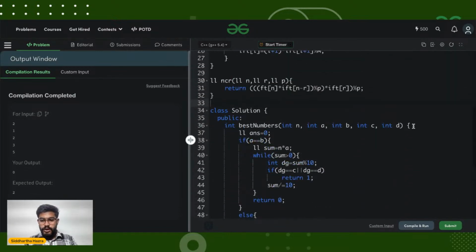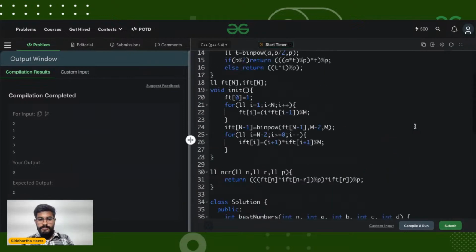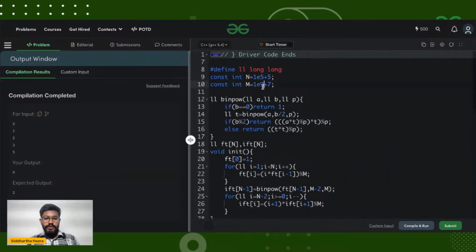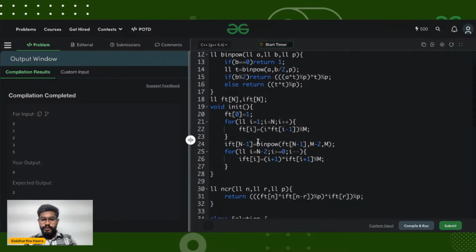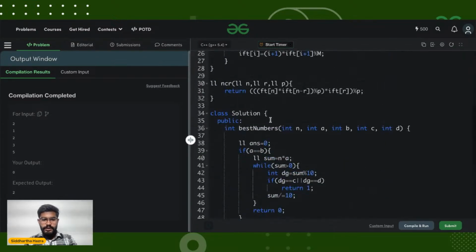Now we would call this. We want to run any pre-computation only once. So if we want to run only once, we would initialize a bool f equal to 0.